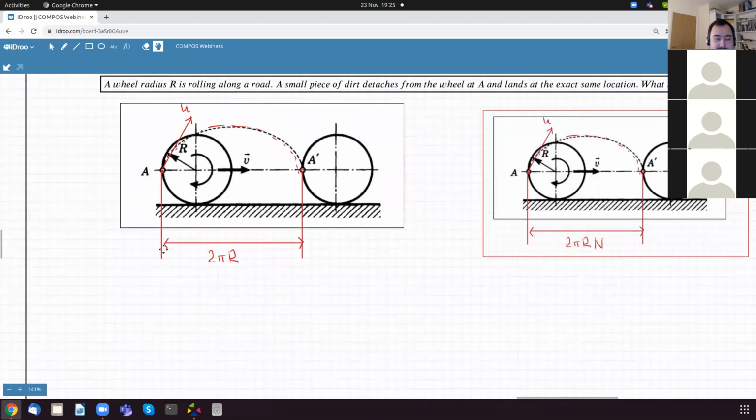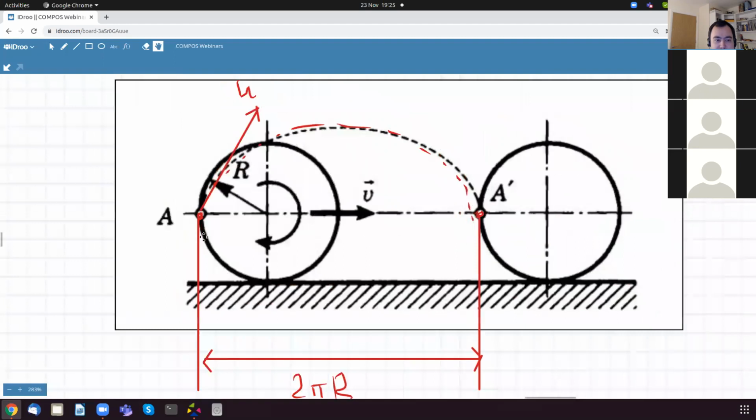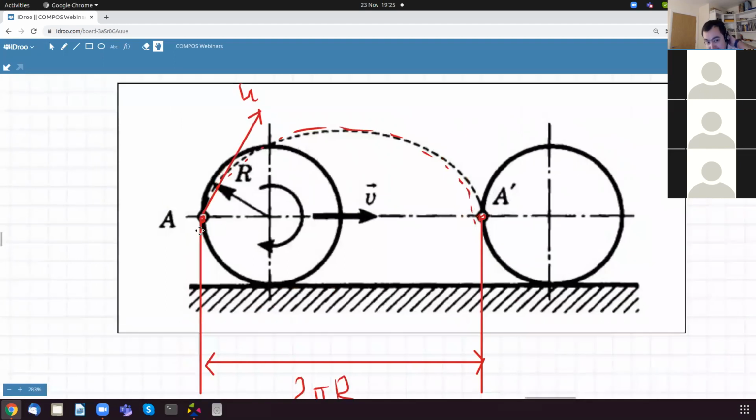When a wheel is spinning, at point A, imagine the wheel was spinning on the spot, and point A would be moving vertically upwards. And now imagine the wheel was not spinning, but sliding. A would be sliding with the same speed as the wheel.